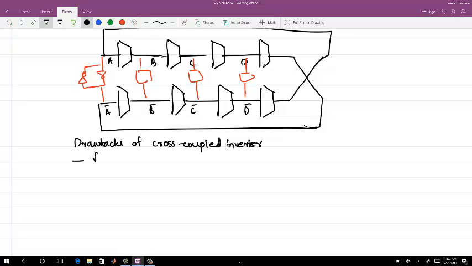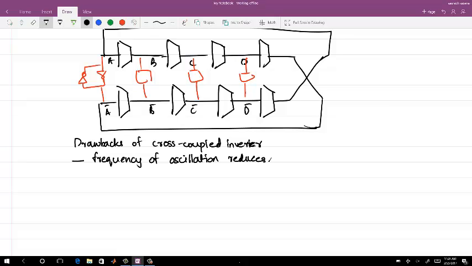One thing is your frequency of oscillation is surely lowered. You can look at it in two different ways: you are adding a capacitive loading to the oscillator, so for the same supply your delay has increased, and your frequency of oscillation will go down.